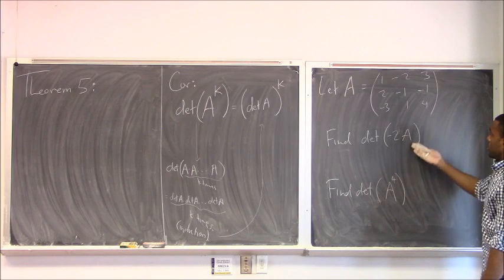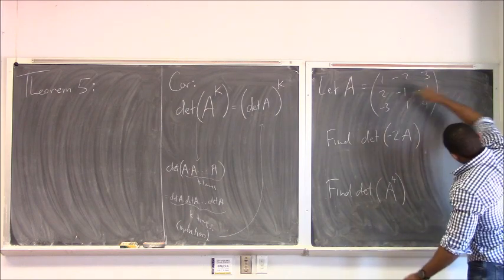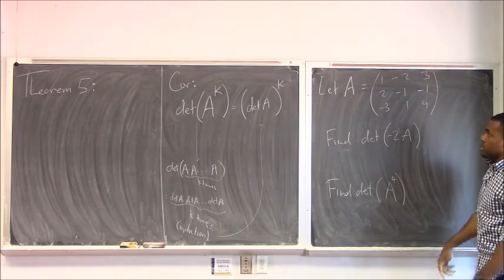So, guess what we have to do here? We have to multiply each row by minus 2. Maybe we can do pivotal condensation.